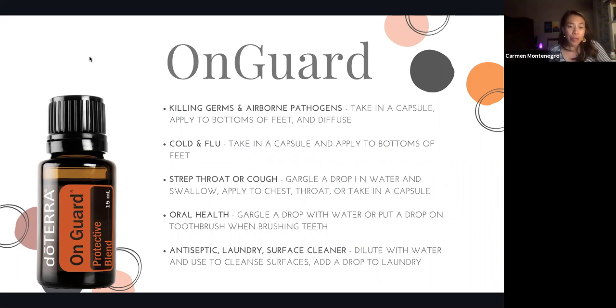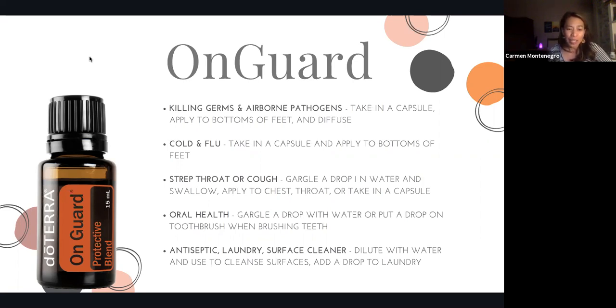It's very good for flu and cold. When the COVID pandemic started, remember that we were running out of toilet paper at that time. So in the doTERRA world, we ran out of Onguard as well. Everyone was buying Onguard because it has a very good evidence base for attacking the flu virus. And so it's really good.